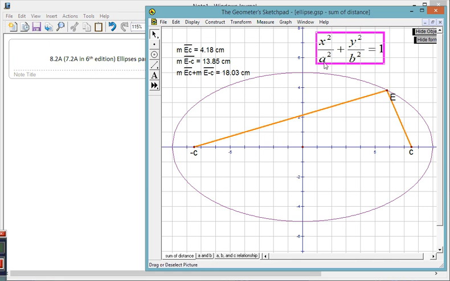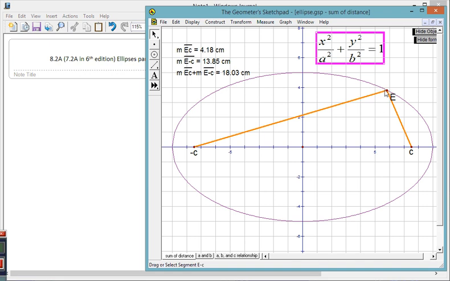Now a is always the larger number, and a is under the x squared, meaning that it's going along the x-axis. This is always going to be this direction if a squared, the larger number, is under the x squared.